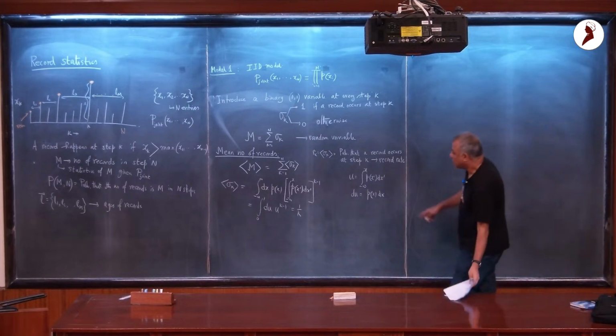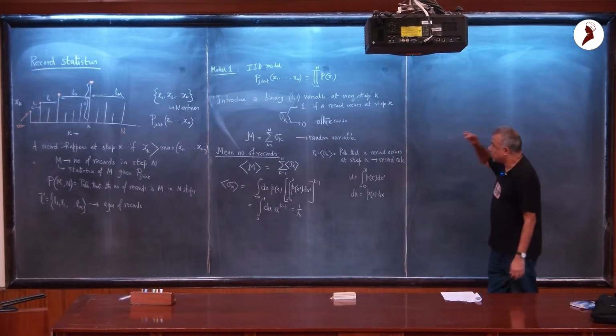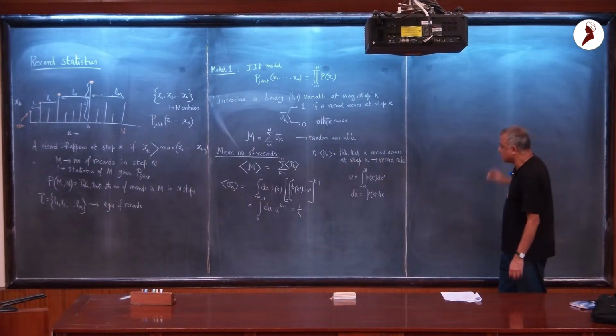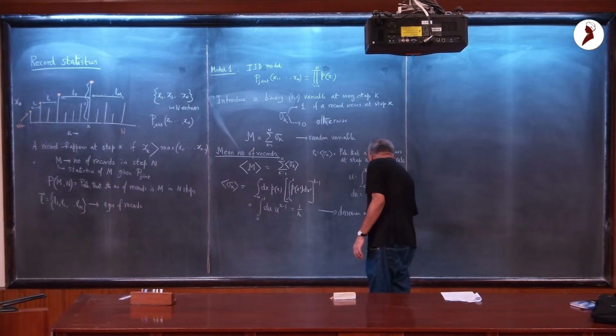So what this result means is that as k increases, you are asking what is the probability that the record occurs at step k, and this decreases with increasing k. Very slow decrease, as 1 over k.